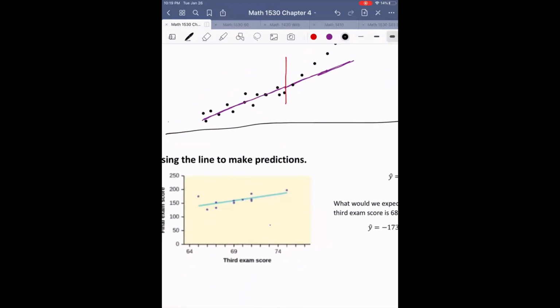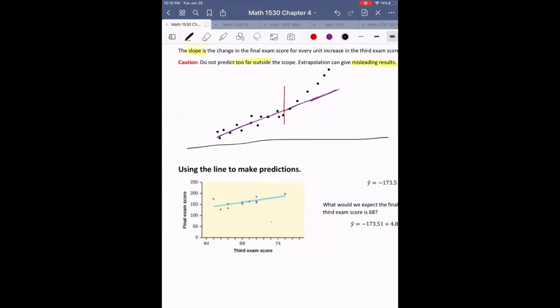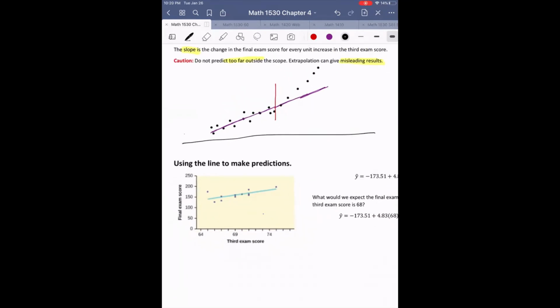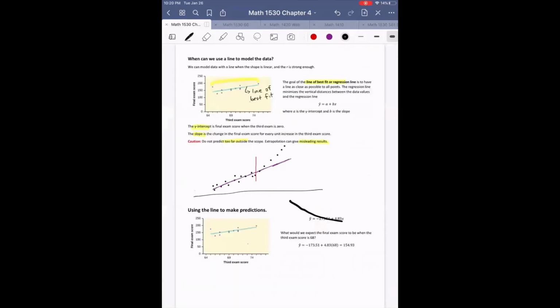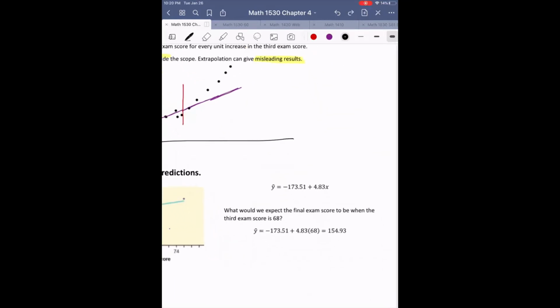So let's actually make a prediction, and let's do it inside the scope, so we'll be okay there. So again, we're looking at the same example, final exam scores, third exam scores. And let's say that we want to find the expected final exam score when our third exam score is a 68.